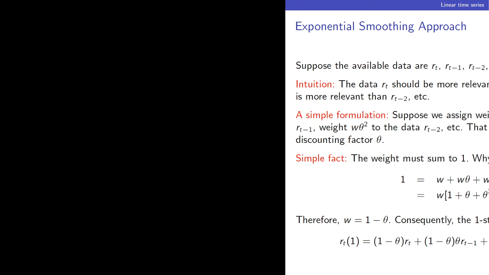And so this has an interesting implication, and it's that W is exactly equal to 1 minus theta. And so our one step ahead prediction becomes R hat t plus 1 is 1 minus theta times R t plus theta times R t minus 1, and all the way.